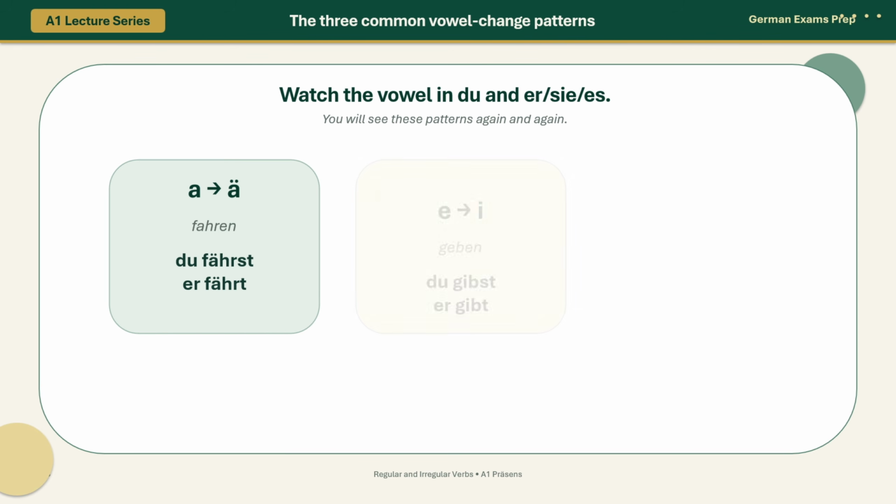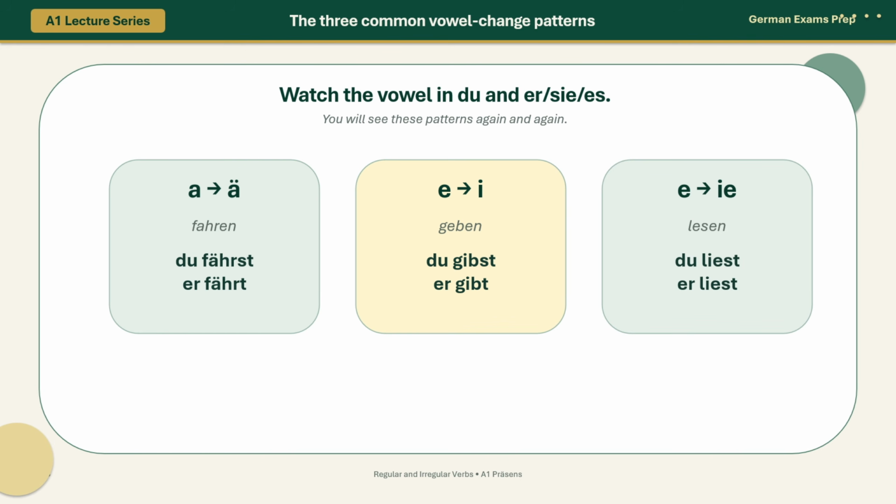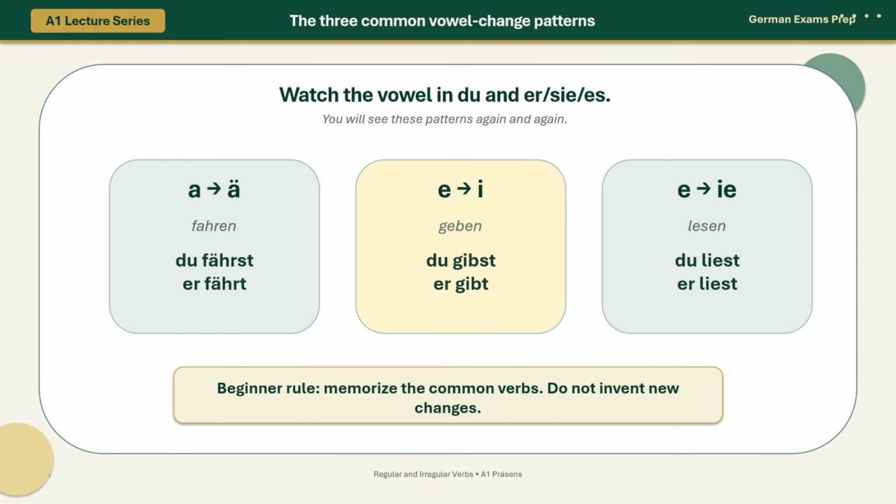The second pattern is e to i, geben. Du gibst, er gibt. The third pattern is e to ie. For example, lesen, du liest, er liest. But here is the beginner rule: do not invent new changes. Memorize the common verbs.